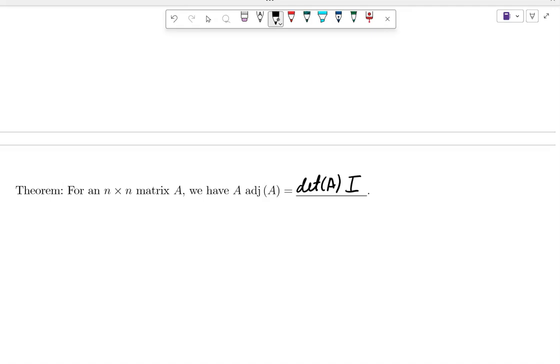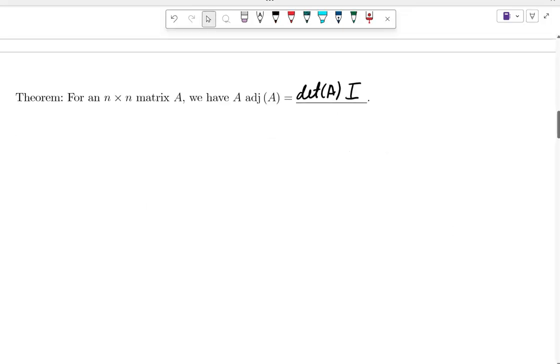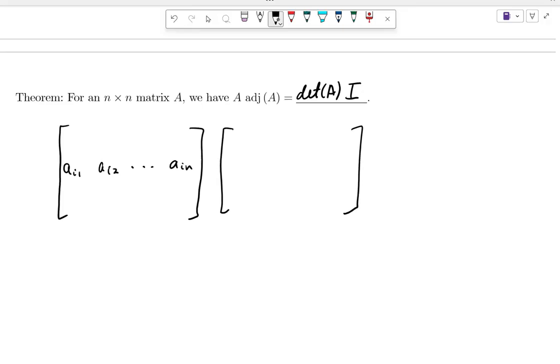Now, I think it's pretty clear that the diagonal entry will be the determinant each time, right? Because if you think about it, if I've got my matrix A, and I look at the ith row, then the ith column of the adjoint is exactly the cofactors that you would multiply by.